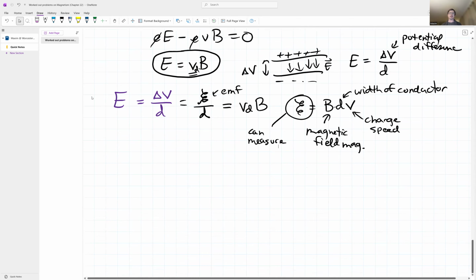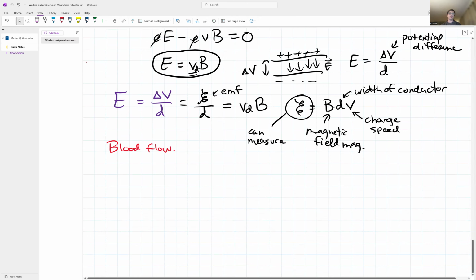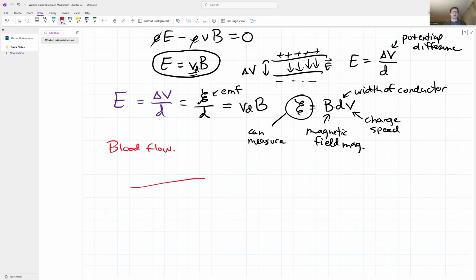So this is used actually for measuring blood flow. Let me just say that this is the last example, for blood flow. So the way this would work is, you'd have a blood vessel and you're trying to measure the speed of the blood, v.